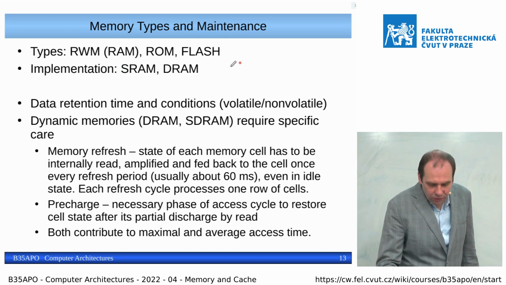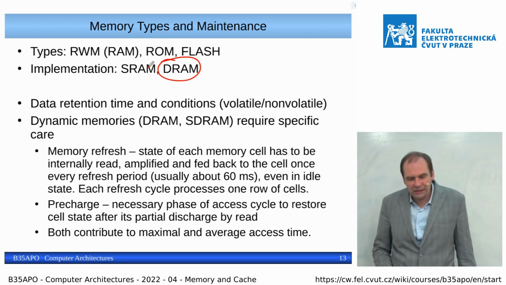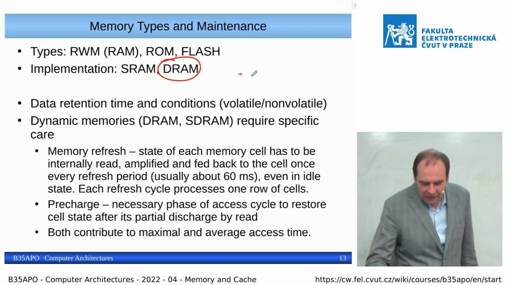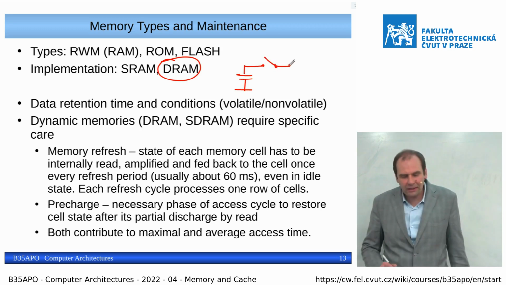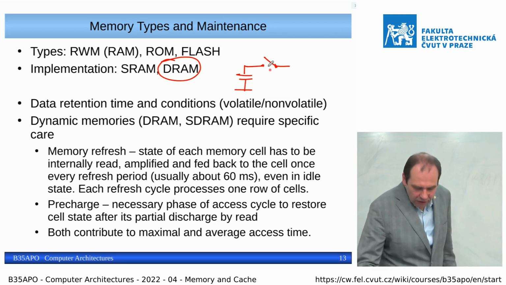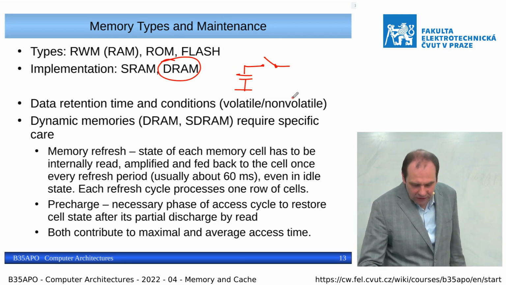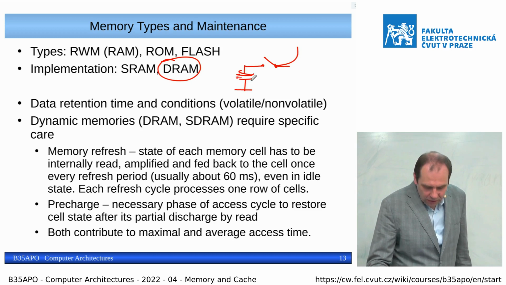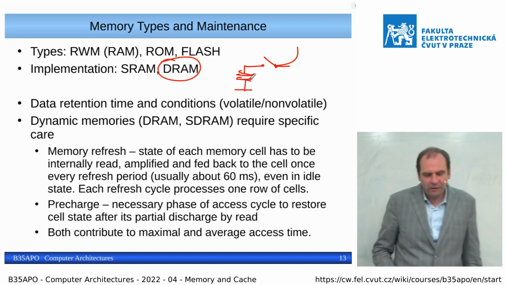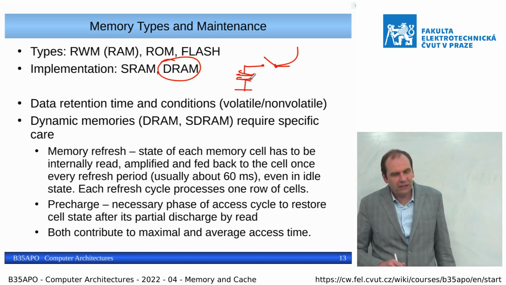So we quite often use another kind of memory, called DRAM, which is dynamic memory, and it doesn't hold the actual data in a bistable flip-flop, but in a capacitor, and we only connect this capacitor to read the data and power the line to charge or discharge the capacitor to change the value.